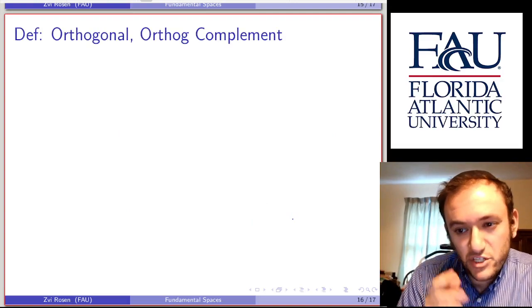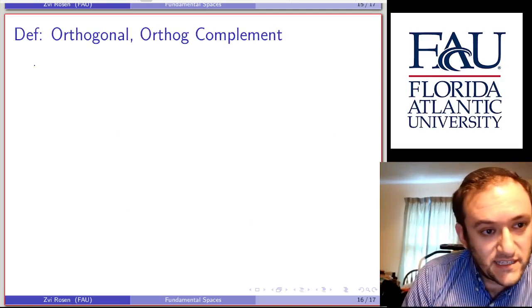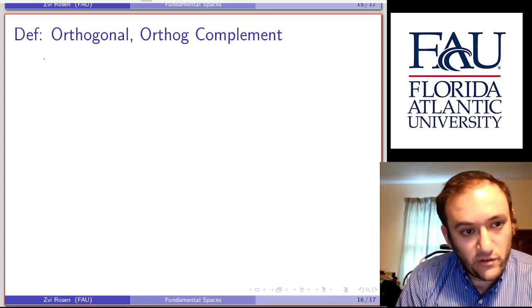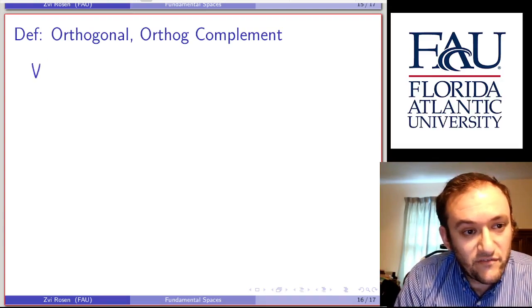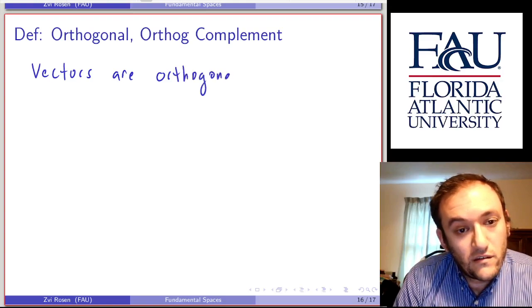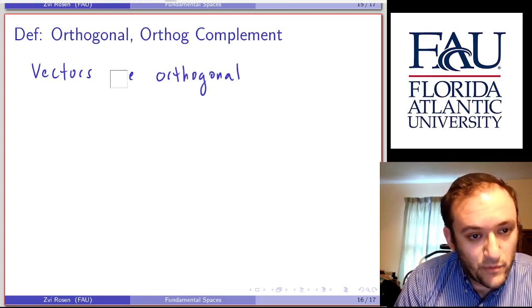To give you a bit of a geometric picture for what these spaces are like, I'm going to define orthogonal and orthogonal complement. We say that vectors are orthogonal, and we want them to be in the same space.